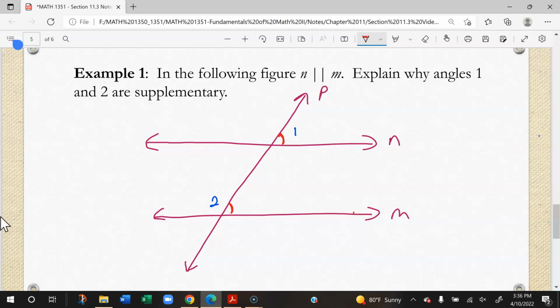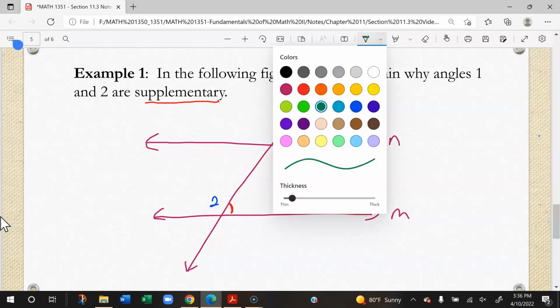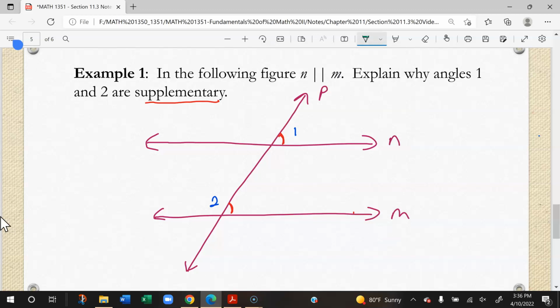So if these two lines are parallel and angle 2 is over here, what did supplementary angles have to add up to? Well, supplementary angles have to add up, not to 360, they have to add up to 180 degrees, a straight line.